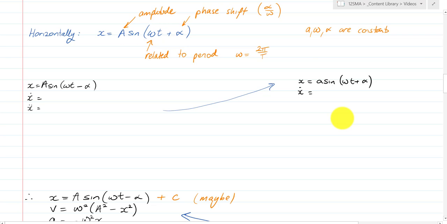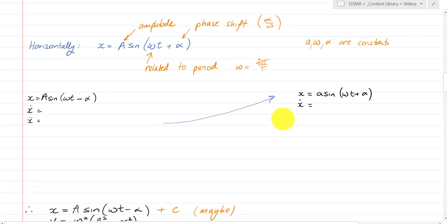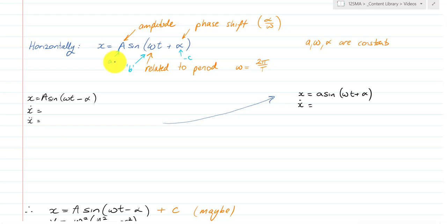Alpha is the phase shift, but remember the phase shift occurs when we factorize the b value out, which in this case is omega, and omega is related directly to the period as 2 pi over T. So you've seen this as b, and you've seen that as minus c. They're the common places you've seen these, and this we often see as a in our function transformations for periodic functions.